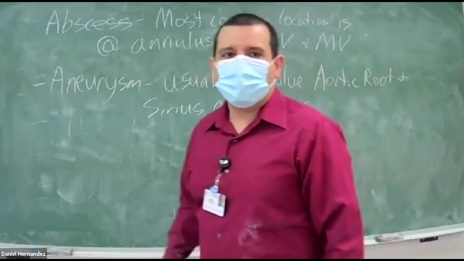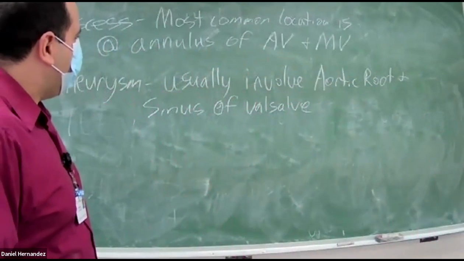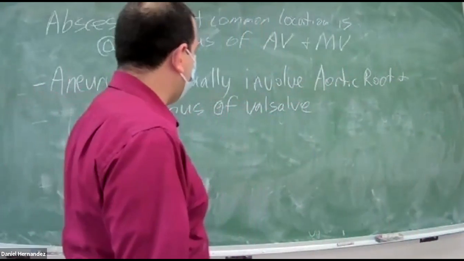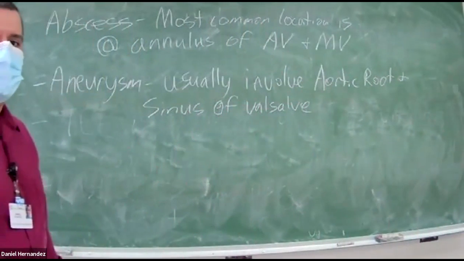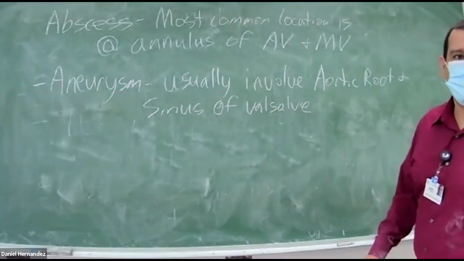If we go back to our talk about aneurysms, when we're talking about the sinuses of Valsalva, the most common cusp involved would be that right coronary cusp aneurysm.